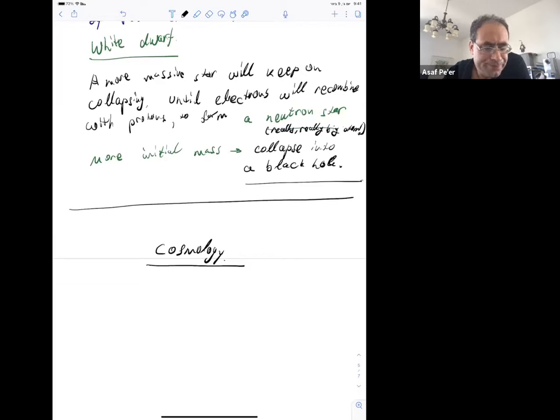Now, modern-day cosmology is based on what's called the Copernican principle, which says what? What did Copernicus say?